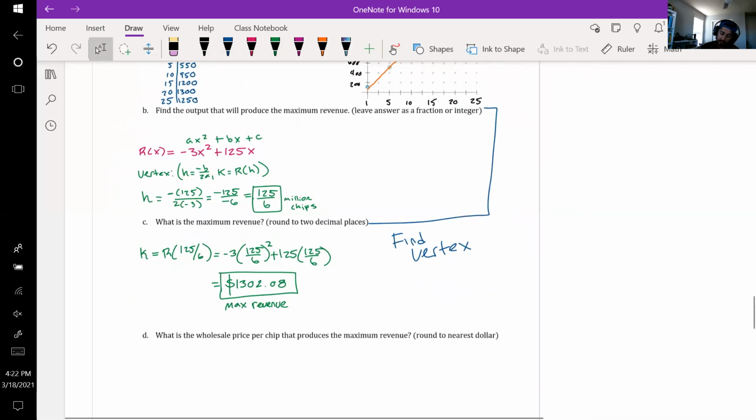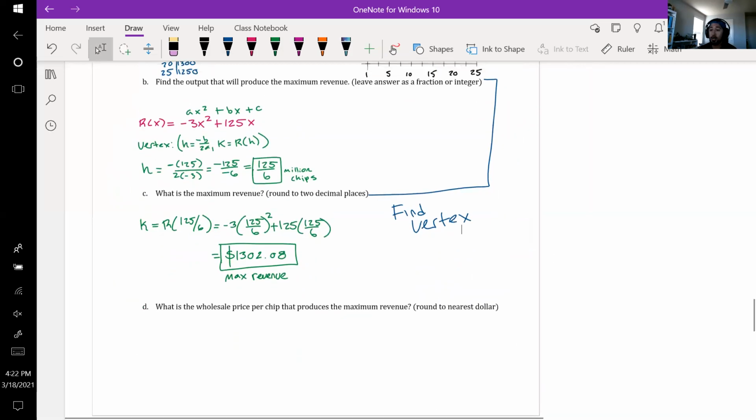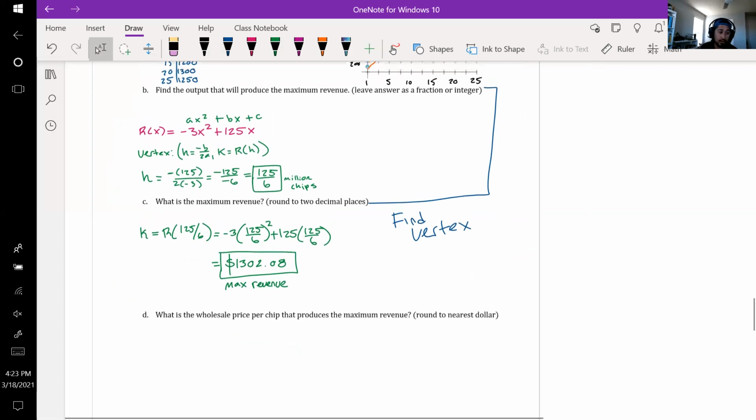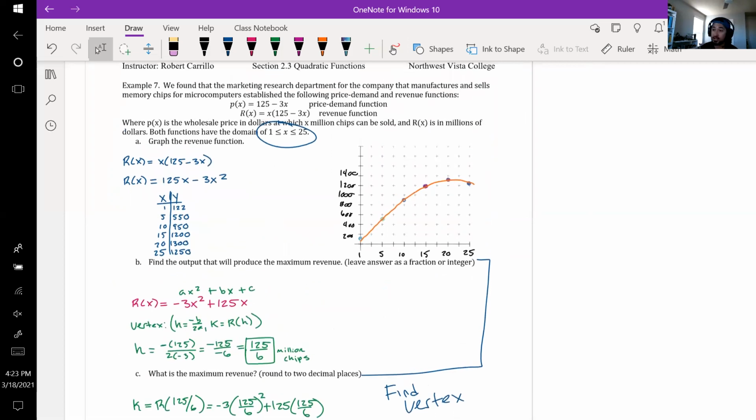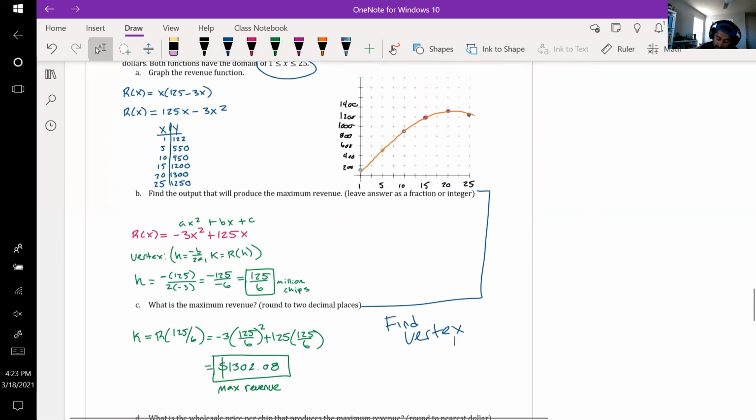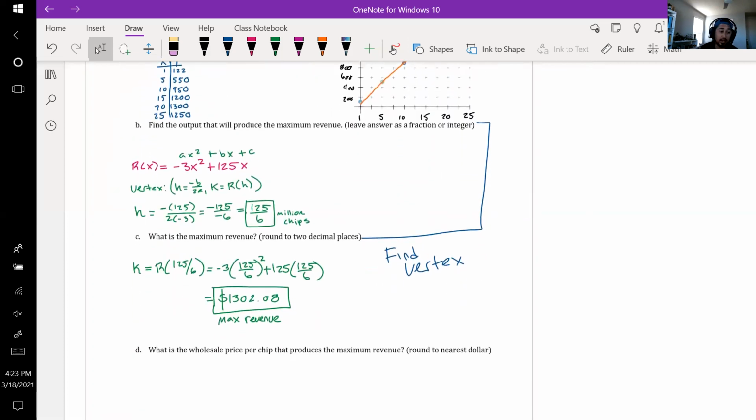All right. And the last part of this question says, what is the wholesale price per chip that produces the maximum revenue? So all we want to do is take our wholesale price, which is the 125 minus 3x above, and plug in the amount of chips that we're making, which is 125 over 6.